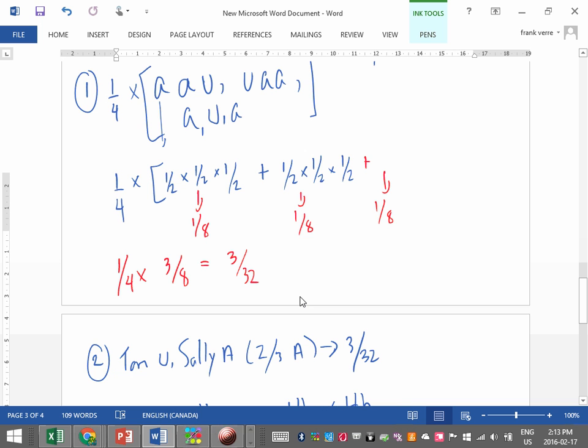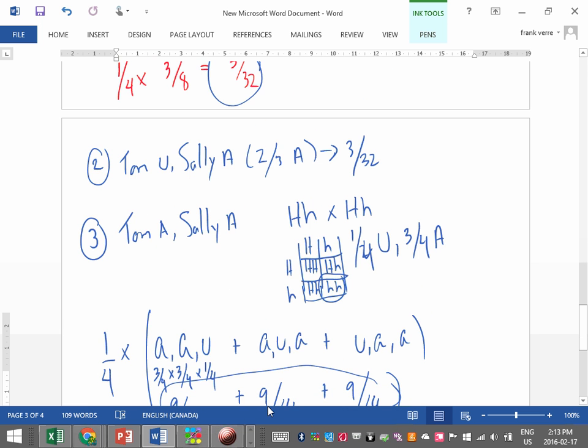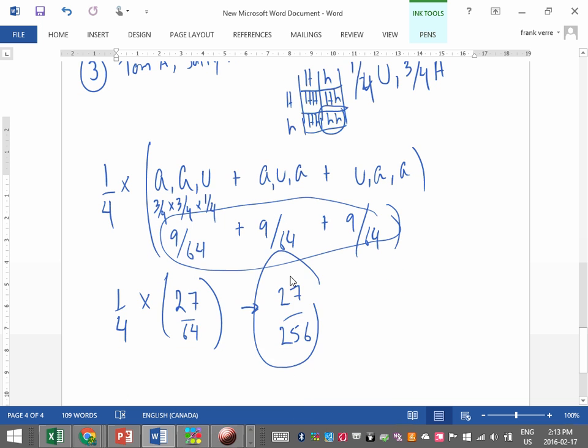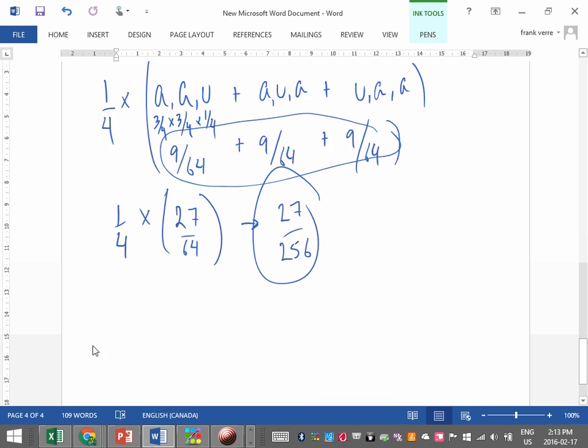Well, we have to add up sequence 1, which we figured out was 3 out of 32, with sequence 2, which is 3 out of 32, with sequence 3, which is 27 out of 256.